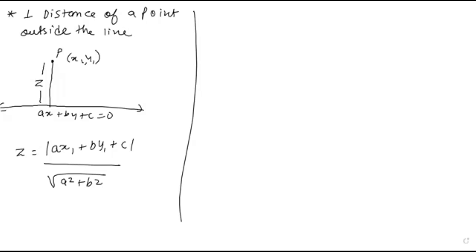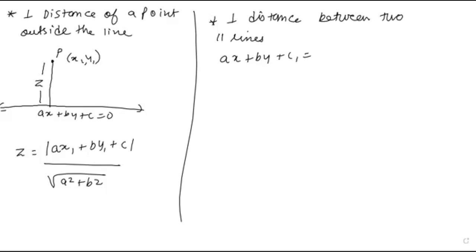Whereas the perpendicular distance between two parallel lines: see, if one line is ax plus by plus c1 equal to 0, and another line is ax plus by plus c2 equal to 0, you know that if the two lines are parallel lines, then the coefficients of x and y will be same.